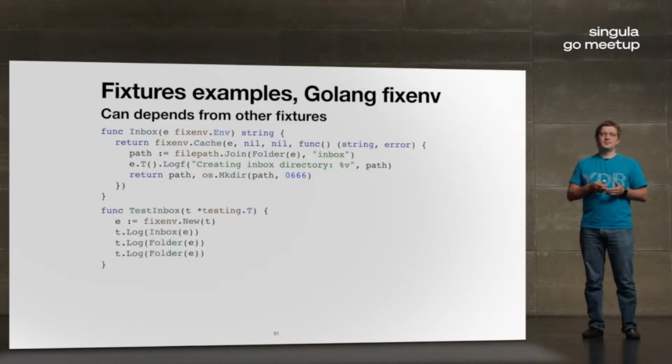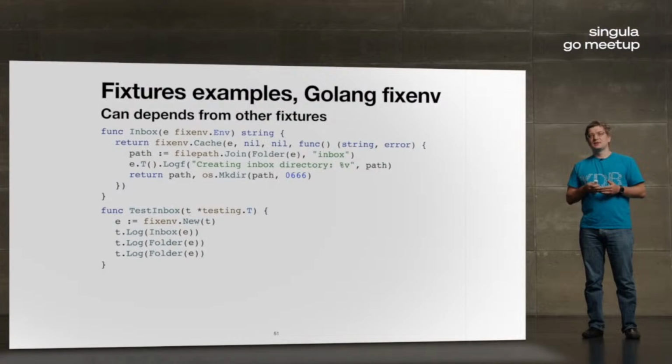Then it will return, and we see logs from the test. All the code of the fixture inside the inbox fixture or inside the test will always return the same value.